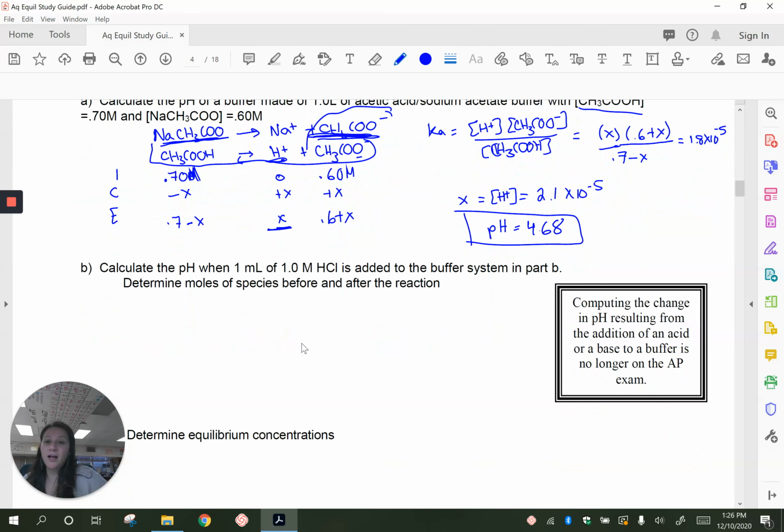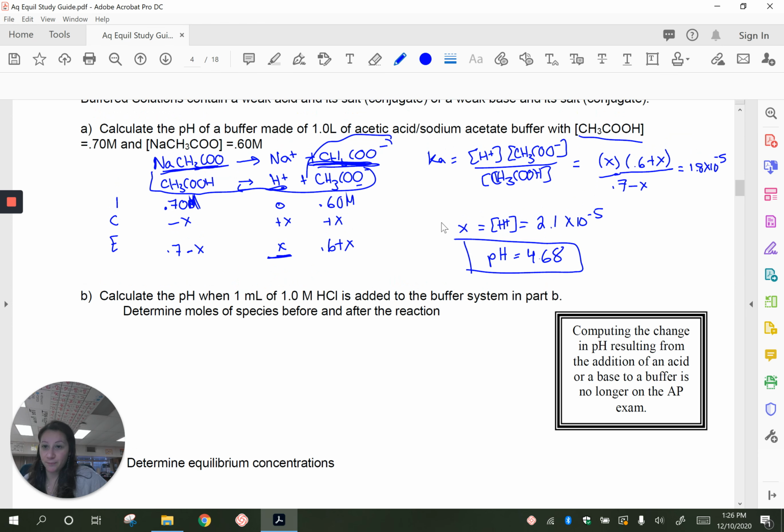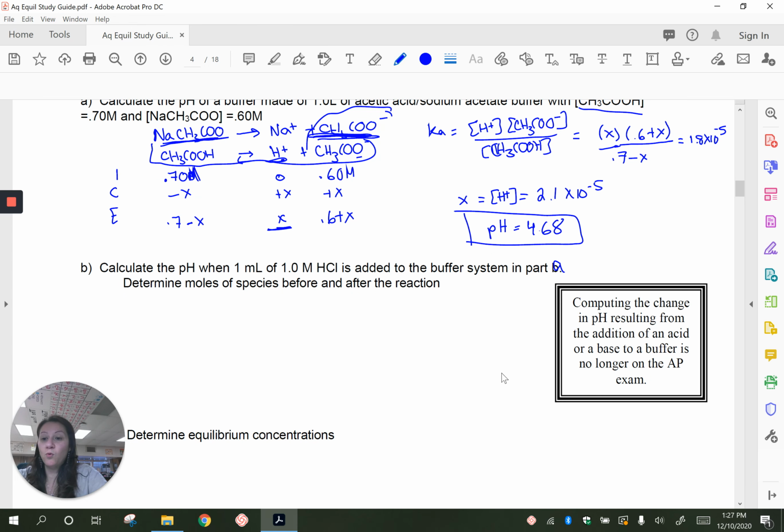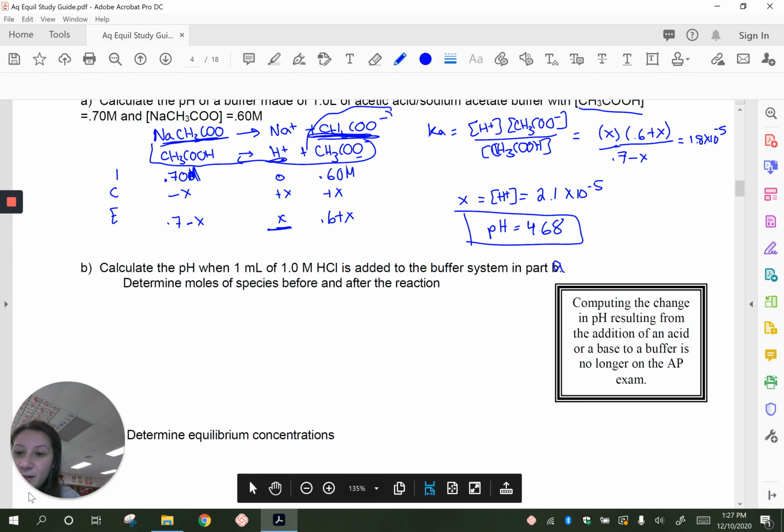Okay, well, what if I take a milliliter of 1 molar HCl and add it to that buffer? That should say in part A here. What happens to the pH? How do I calculate the pH? So what you do here is, if you're adding an acid or a base to your buffer, you want to first figure out what reacts with the acid or base that you're adding.